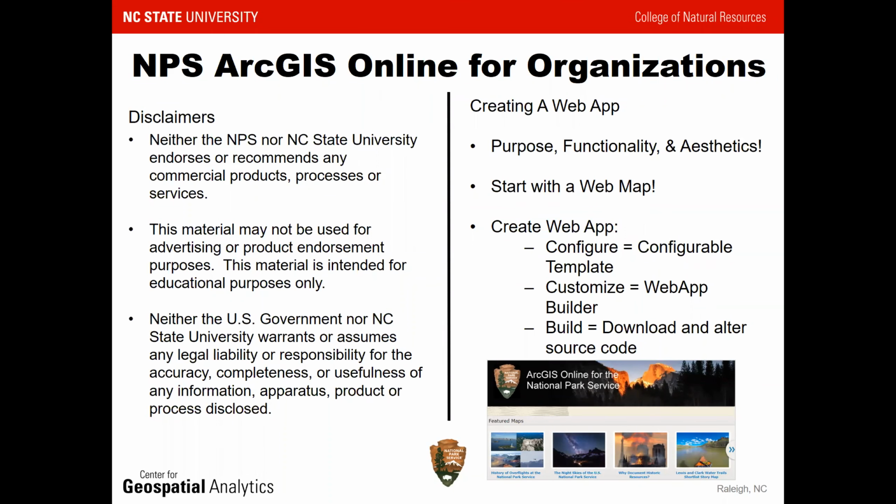And you've created some symbology, and you've customized your pop-ups so that you have a nice web map, and you want to share this with someone in your park, but you do not want them to be able to edit the web map or add layers or remove layers from your web map. So you're going to create a web app. And a web app allows you to control what the end user is going to do. So you provide them the functionality that they're going to use to navigate and use your web application.